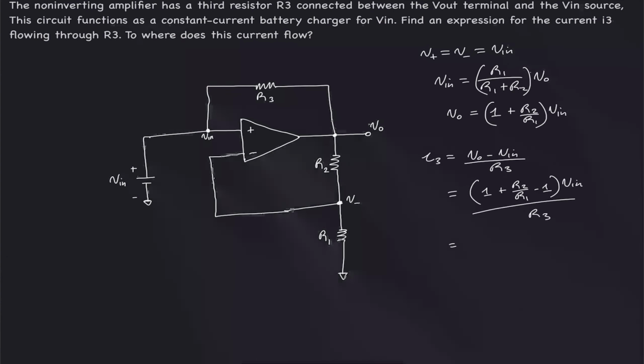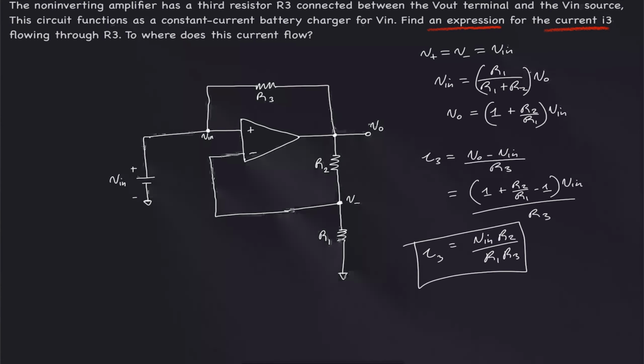That is equal to V in times R2 over R1 times R3. This is the expression for the current I3.